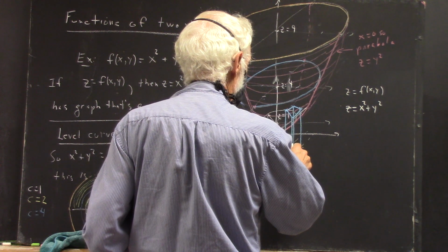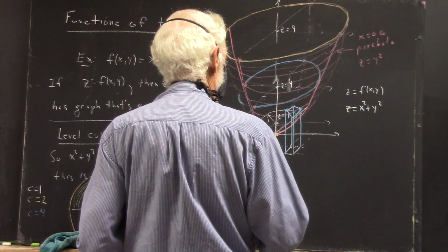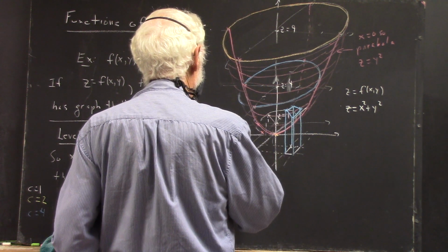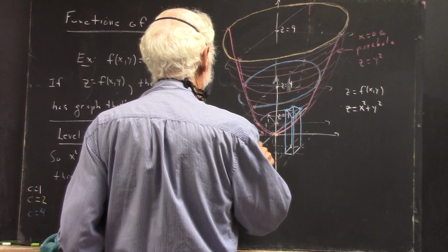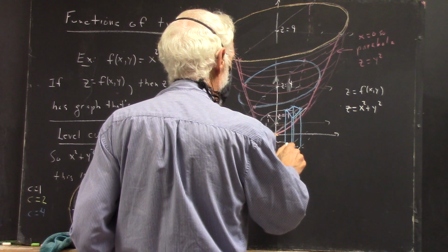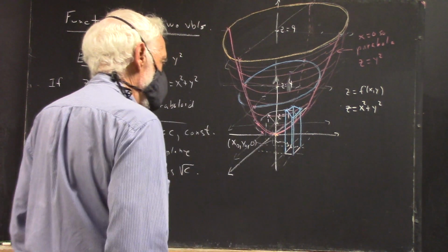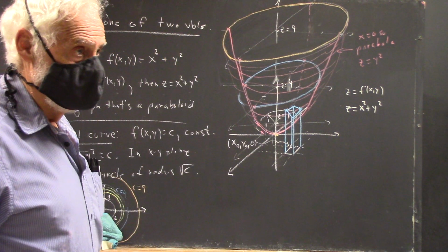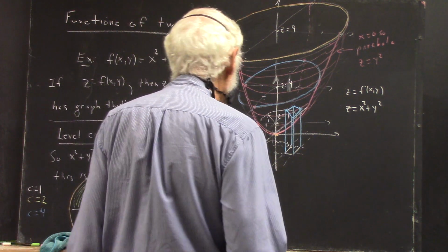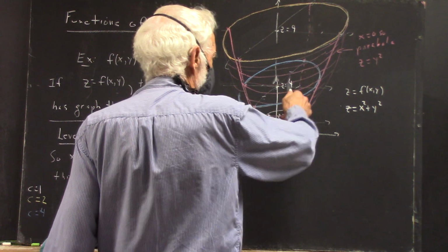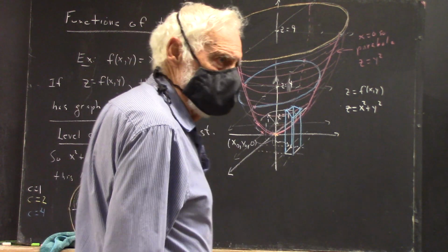Let's say that this point here is the point x naught, y naught, 0. And the actual figure is not going to look quite exactly like that.